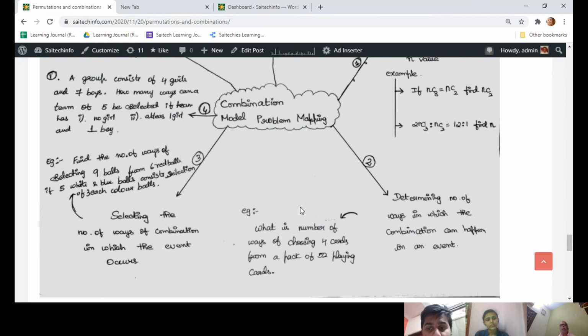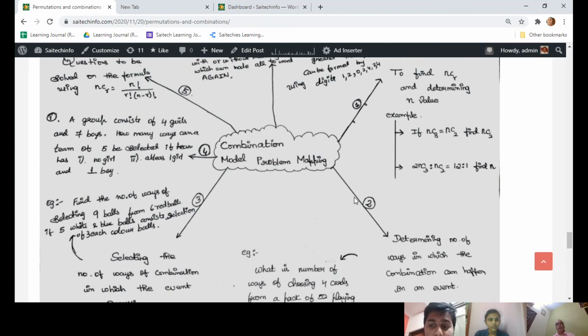For example, find the number of ways of selecting 9 balls from 6 red balls, 5 white and blue balls, if the selection of balls has 3 each. So they'll give a pack of balls of 3 different colors, and they'll ask, if the selection consists of 3 or 4 balls, how many combinations can be made.